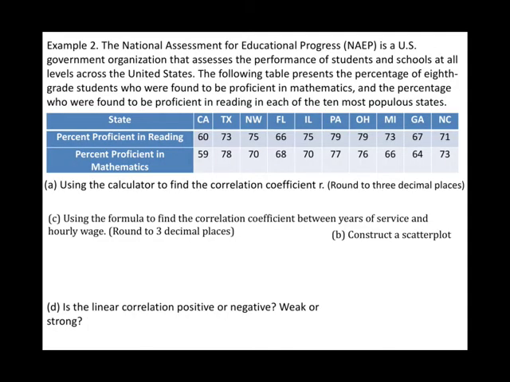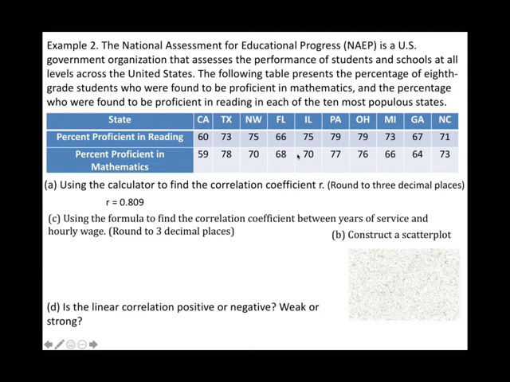Okay, example 2. I want you guys to try to do it by yourself. Use the calculator, find the R, and then use the formula to find the R. And make sure you construct the scatter plot also. Okay, check your work. R equal to 0.809. Again, you plug in your X on your L1, Y will be on your L2.